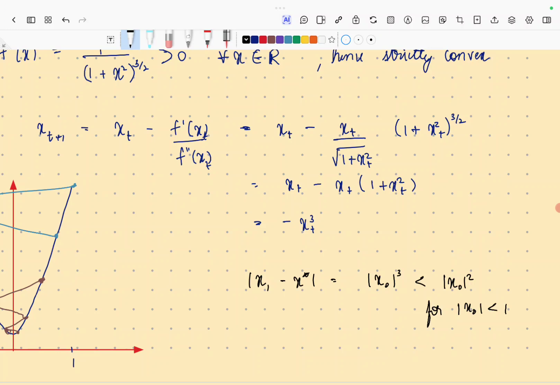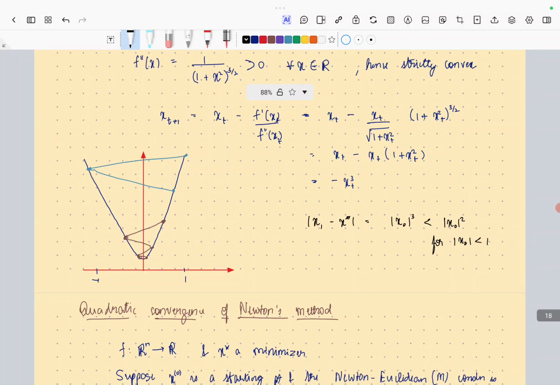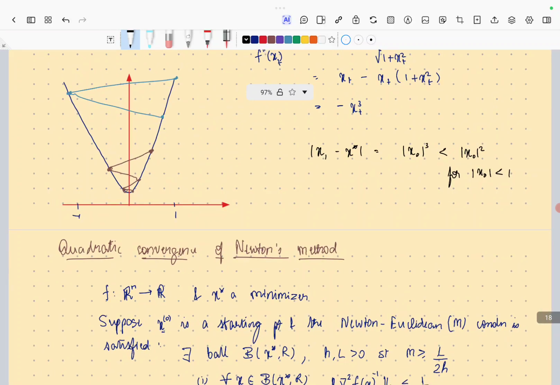So the only thing that Newton's method guarantees is that if you're reasonably close to the minimum, then you converge fast. But if you're far away from the minimum, then you can diverge. How do you find the close enough point in practice? Depends.